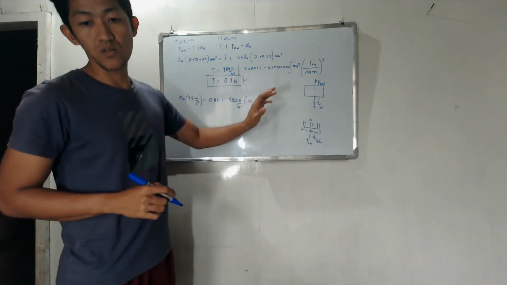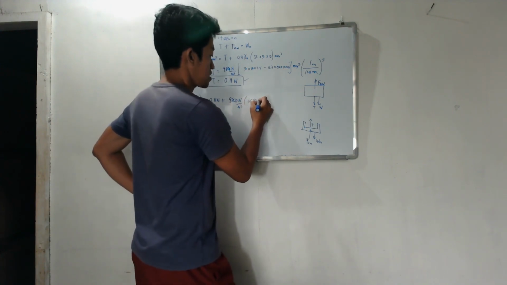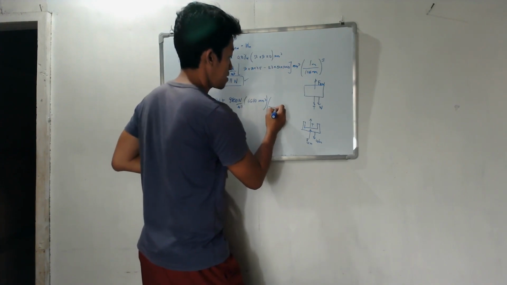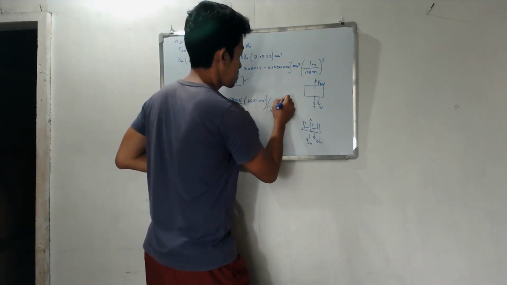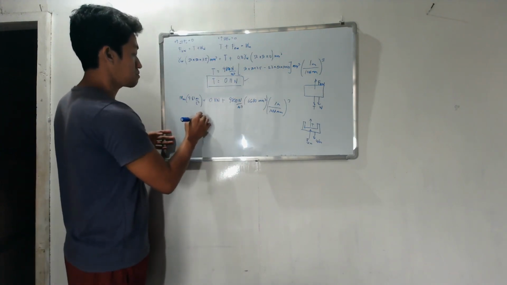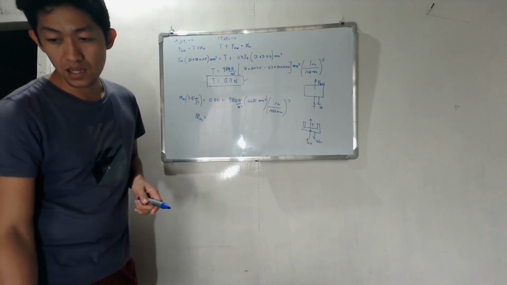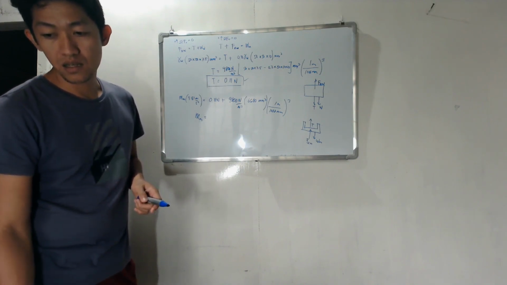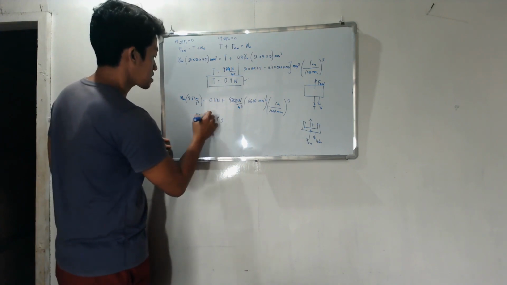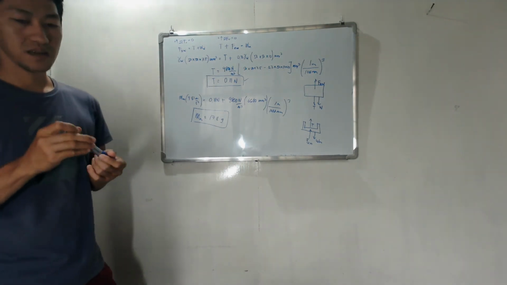So ang total volume sa metal is 6,600 mm cube. Convert na pod siya to cubic meters. Therefore, makuha nimo ang mass sa metal ani to be 17.8 grams. Okay? So that's it.